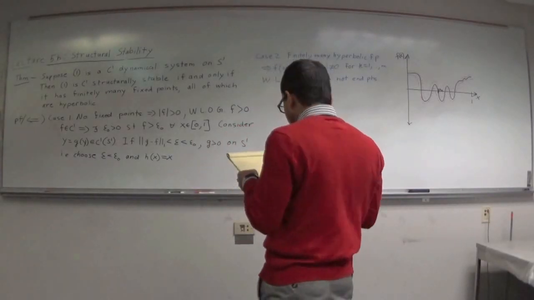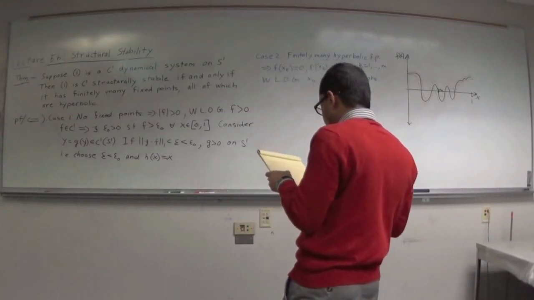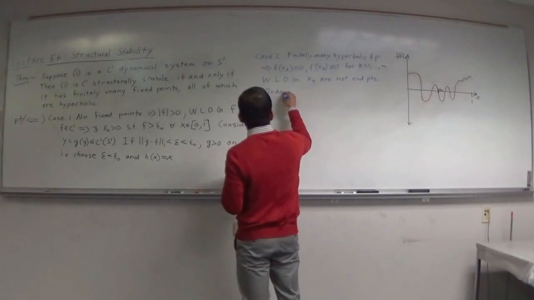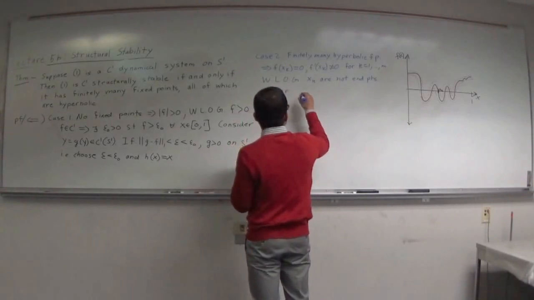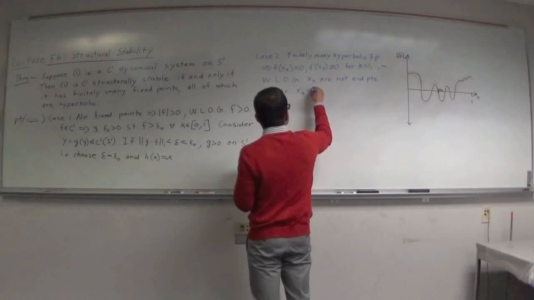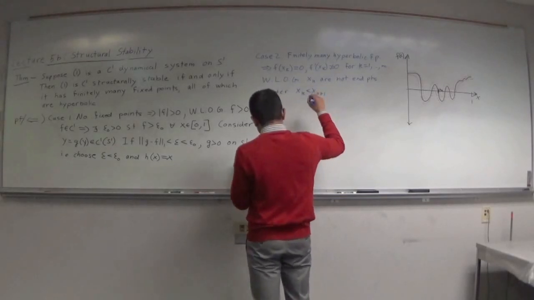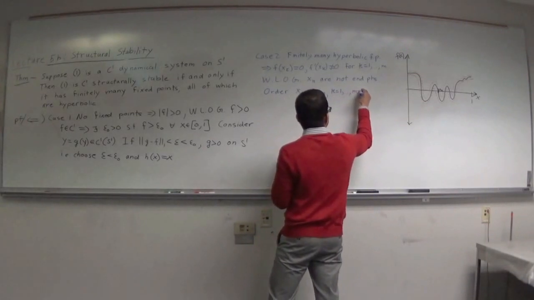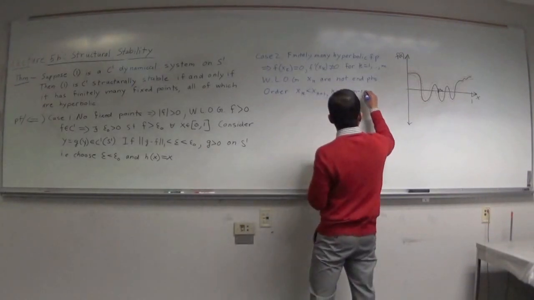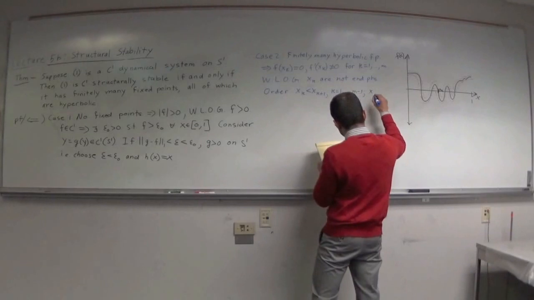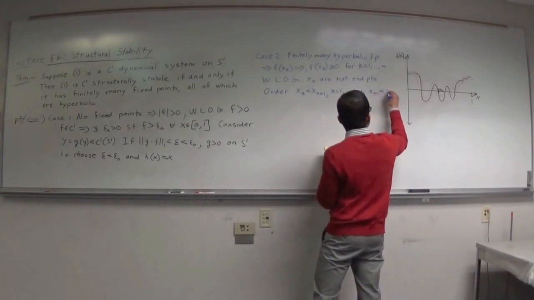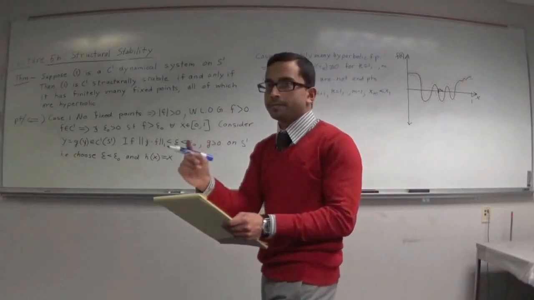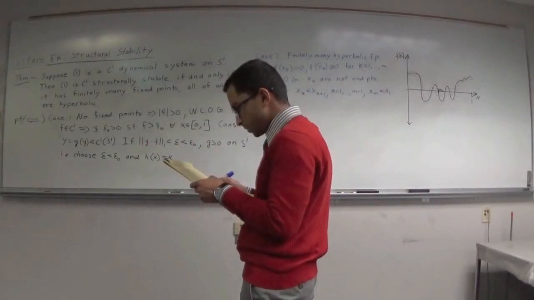And we have to order them, so it has to be orientable: x_k is less than x_(k+1) for k equals 1 to m minus 1, and x_m is less than x_1. So we're basically going around in a circle.